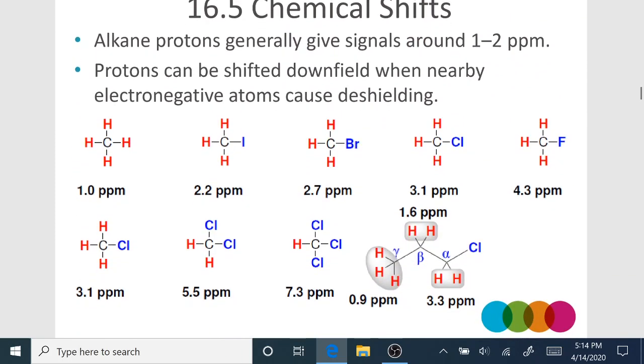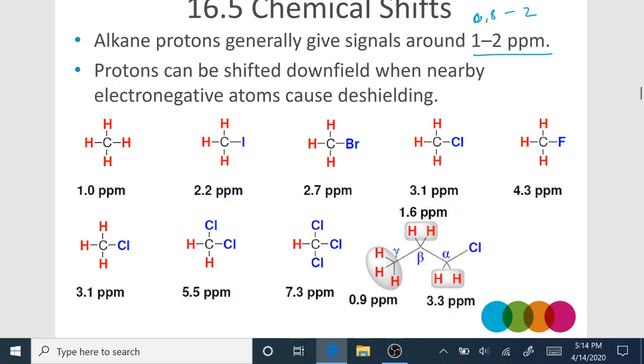So alkane protons generally give signals around 1 to 2, or maybe 0.8 or so to about 2 ppm. Okay, so those are upfield. They can be shifted downfield when a nearby electronegative atom causes deshielding. They're shielded by the electrons that are around them, and if you have an electronegative atom, that's going to deshield those hydrogens.